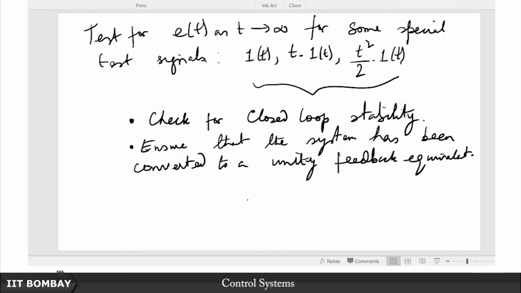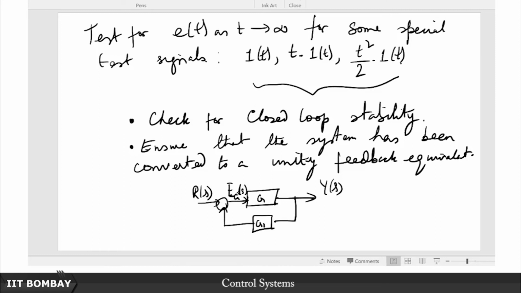Remember, if someone gives you a system like this, with a non-unity feedback, let us say G1, do not, I repeat, do not make the mistake of evaluating this. In fact, we will distinguish this as the actuating error, not the actual error, this is the actuating error. So, E_a(s) is not the same as E(s) unless G1(s) is equal to unity.